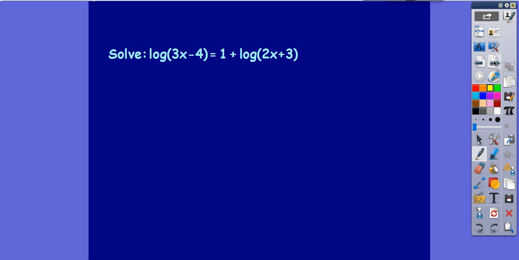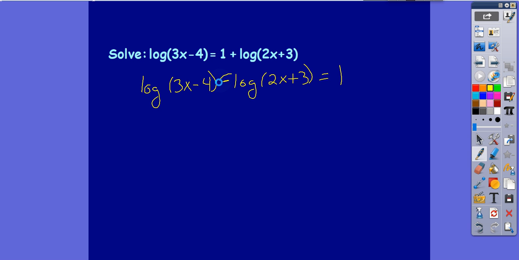Last problem. In order to do this one, we're going to put our logs on both sides, because not every term has a log, so you've got to combine all your logs over on one side, and anything else goes to the other. It doesn't matter which side as long as they're on opposites.